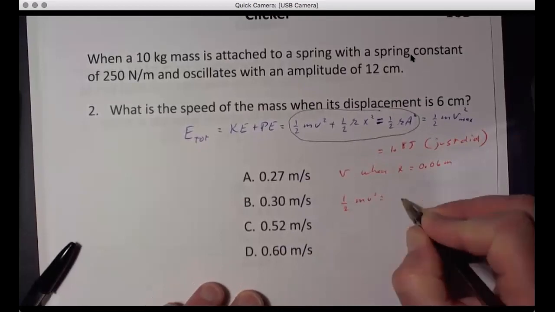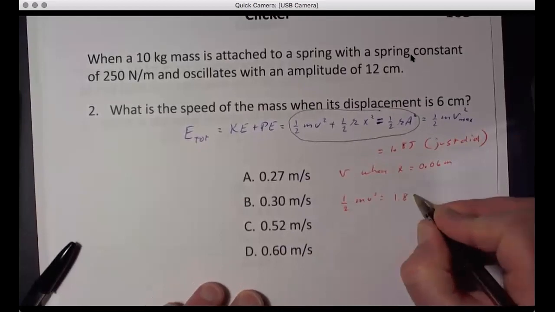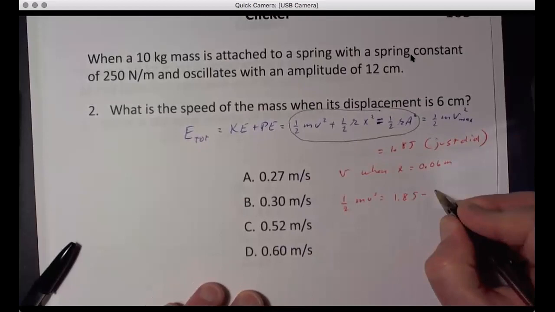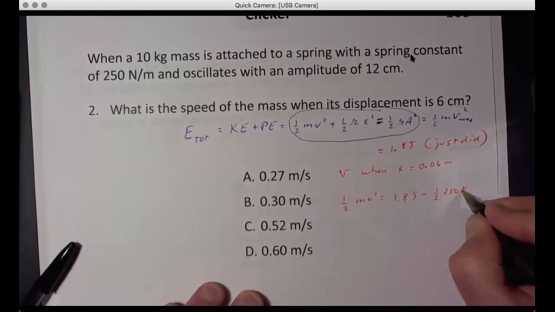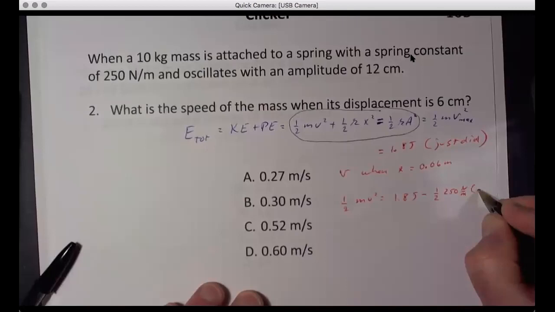So let's get that by itself. 1/2 mv squared is equal to 1.8 joules minus 1/2 times 250 newtons per meter times 0.06 meters squared.